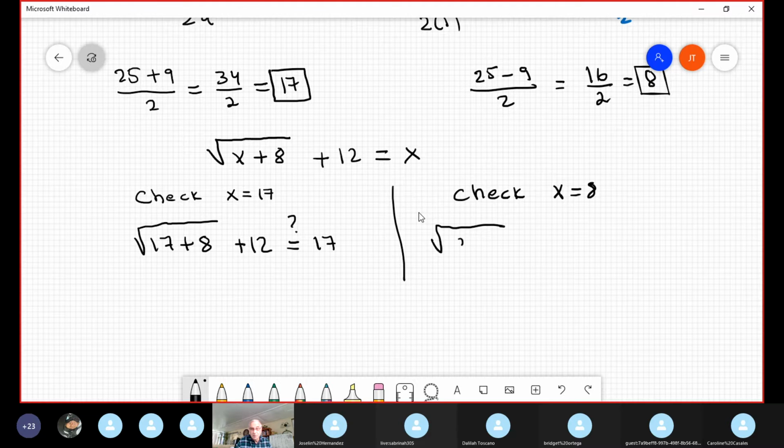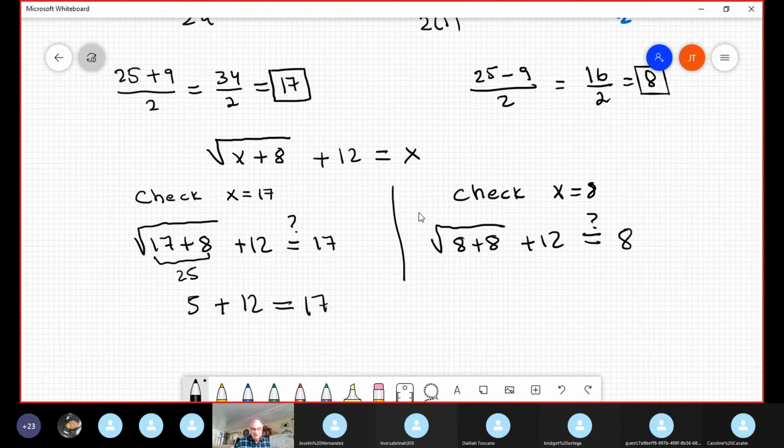Likewise, square root of 8 plus 8, plus 12, should be 8. Let's see. 17 plus 8 is 25. The square root of 25 is 5. And 5 plus 12 obviously is 17. 17 is equal to 17. Super true, super nice. Therefore, 17 is a solution.